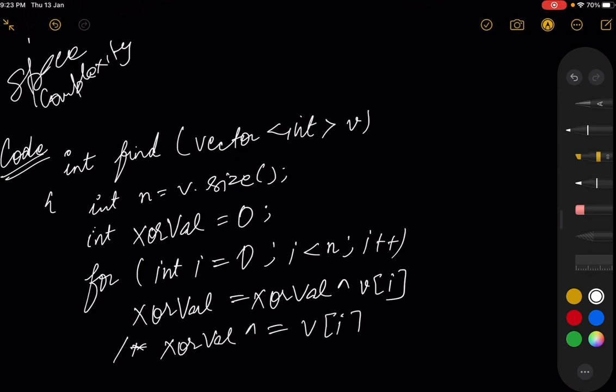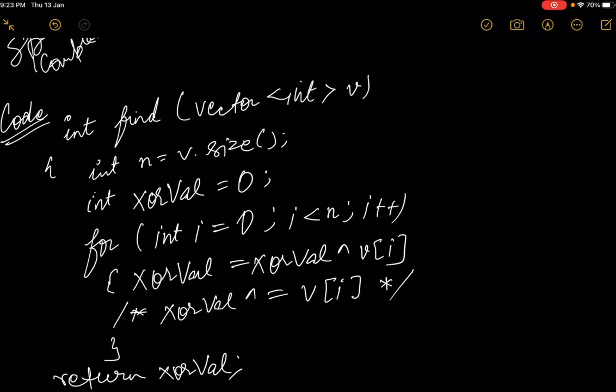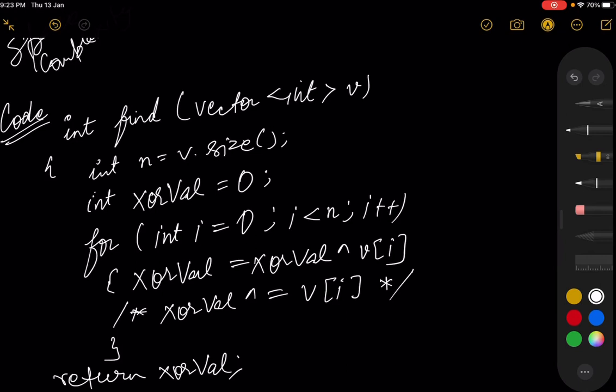You can also write it like this. So you do this, and after doing this you just simply return your XOR value, and that will be your final answer. So that was it.